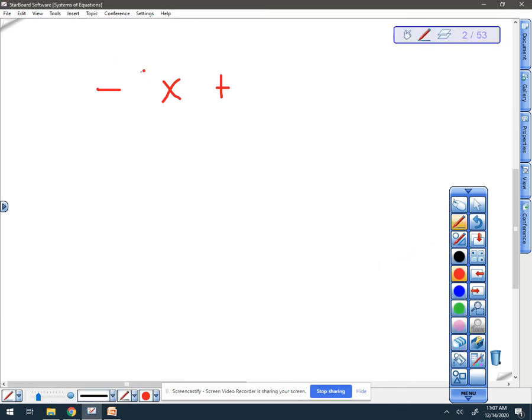Let's make this negative 6x plus 3y equals 15. And then change it from standard form to slope-intercept form. So go ahead and try this one on your own. Pause the video, try it on your own, see how you do.